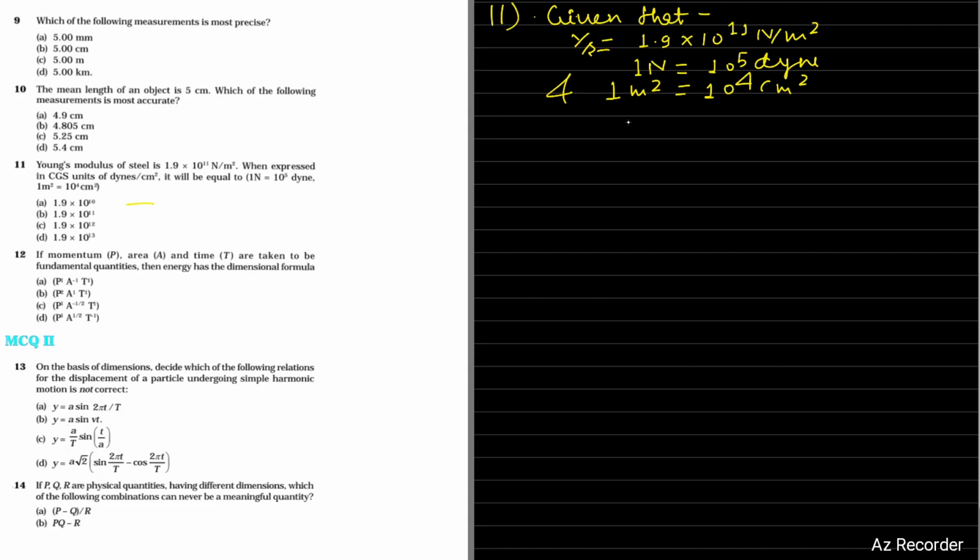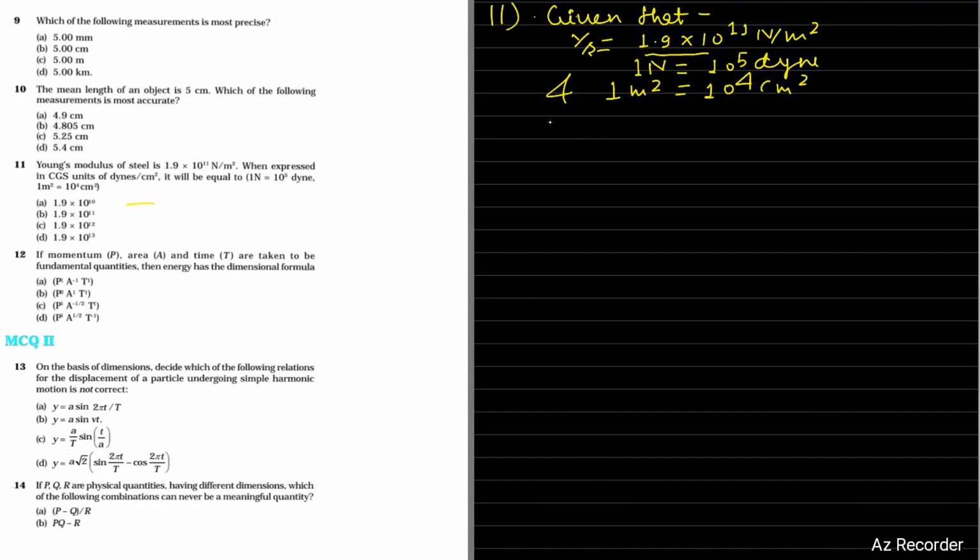From the question, we have to find this Young's modulus in terms of dyne per centimeter square, that is, the CGS unit of dynes per centimeter square.